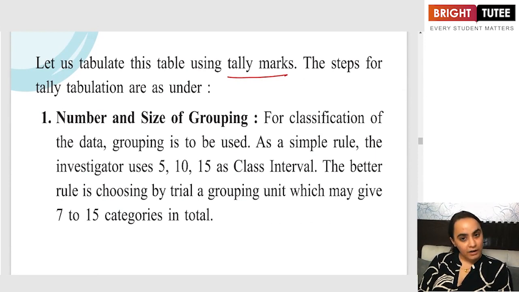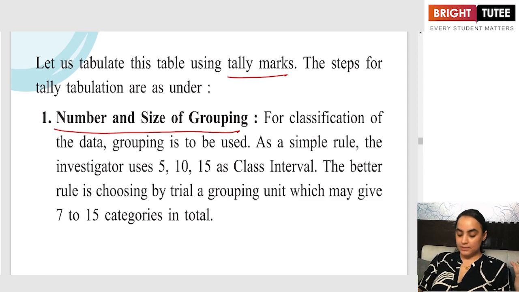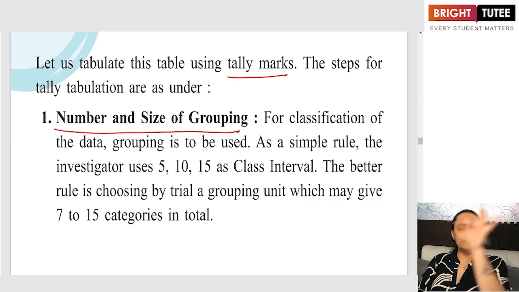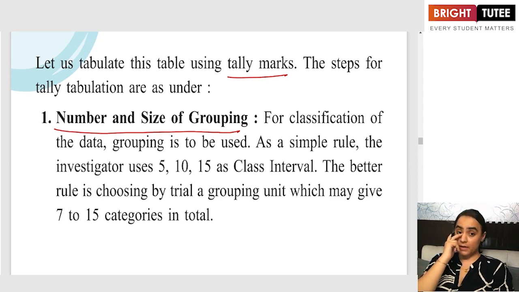Now, what are the steps for tabulating the data? The first thing we need is the number and the size of the group, like 5, 10, 20. So this is the size. To keep things simple, we usually keep the class size to be 5 or 10 or 15, because by this the calculation becomes very simple.